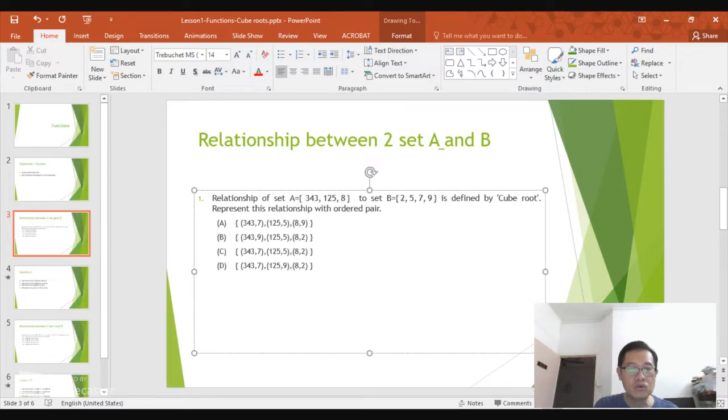To make the ordered pair 343, 7, we use the calculator to see whether the answer is right. If you use A for 343, 7, we do this calculation.